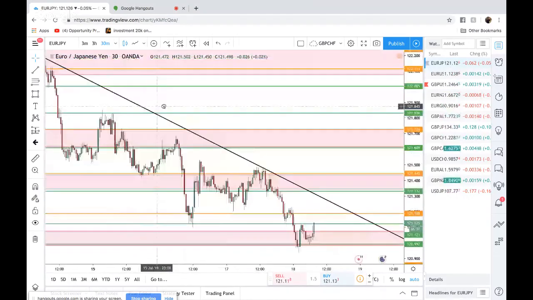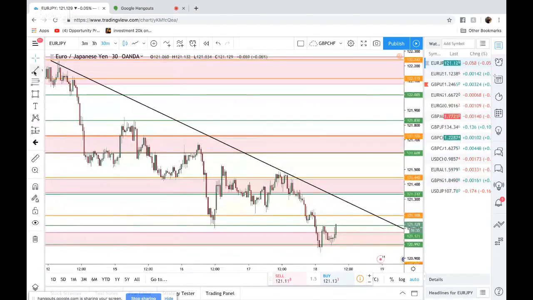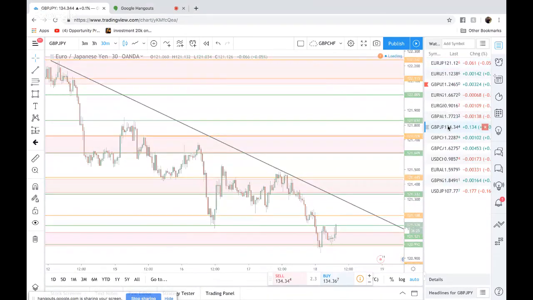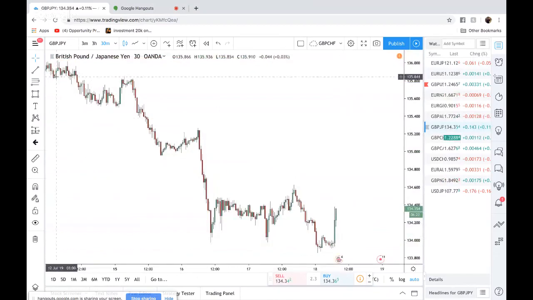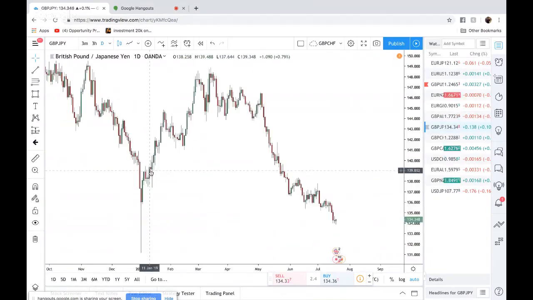Because even if these JPYs definitely want to go higher, we're going to get some type of momentum, and then the pullback to the retracement is going to be key. Like for right now, this GJ is in a pretty interesting spot. Let me see.